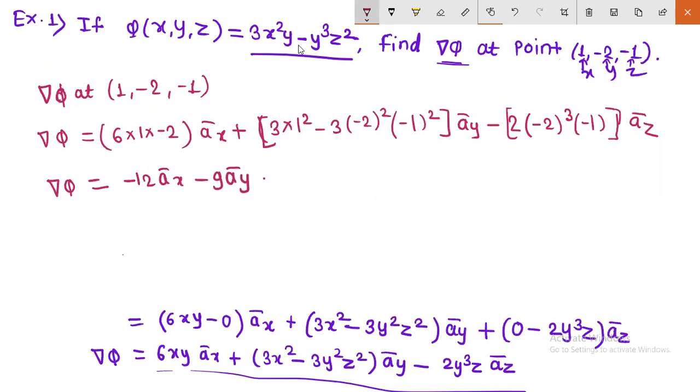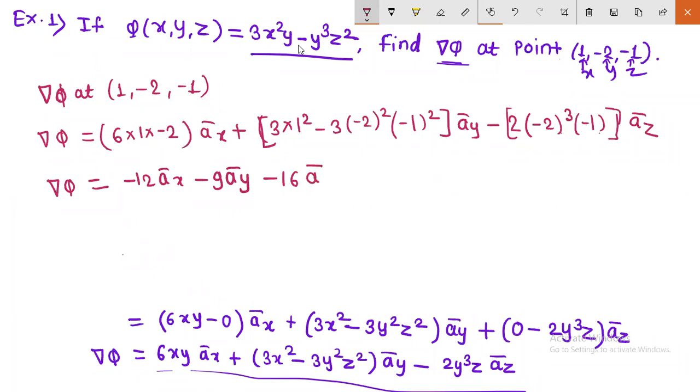And minus 2 into minus 8, which is plus 16, plus 8. Its cube is minus, and again outside it is minus, so the sign will remain minus.